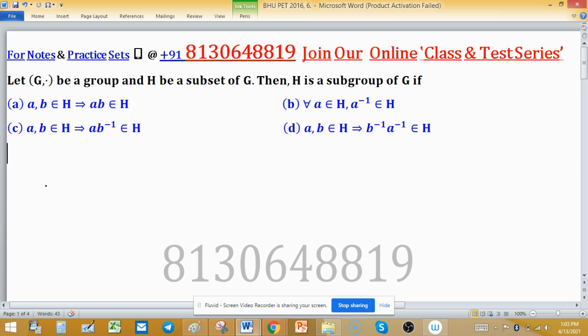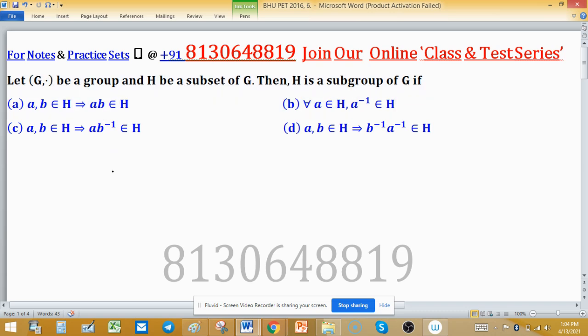There is no need to check the closure property, because we say a binary operation whenever it satisfies closure, otherwise not. If it is simply an operation, then we need to check the closure property. But here dot is an operation, and because G with dot is a group, it is a binary operation and it will satisfy the four properties.